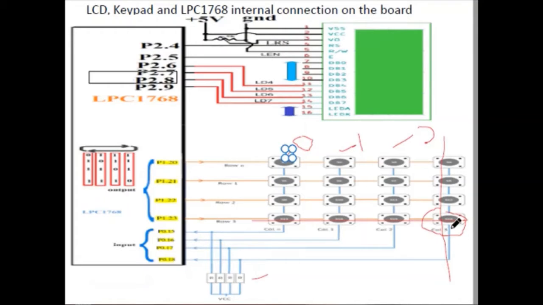And similarly here, if you consider the columns, this is the MSB and this is the LSB. LSB corresponds to P0.15, MSB corresponds to P0.18, and together if you take an 8-bit number, we are using it as an ASCII value. We will understand in the program.